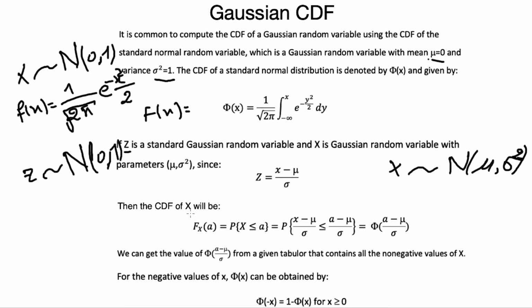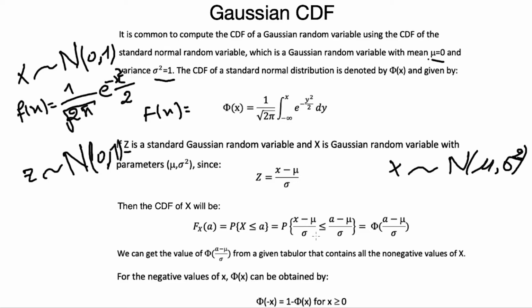And the CDF of X, we can get it by F(a) equals P(X less than or equal to a), and we can subtract mu here and mu here. When we subtract mu on both sides, we get X minus mu and a minus mu, and as sigma is positive, we can divide both sides by it and it stays the same.